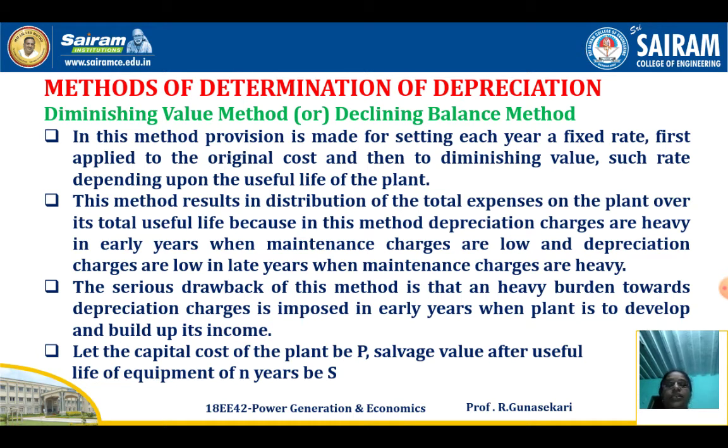This method results in distribution of the total expenses on the power plant over its total useful life, because in this method the depreciation charges are heavy in early years when maintenance charges are low. But in later years the depreciation charges are low when the maintenance charges are heavy.